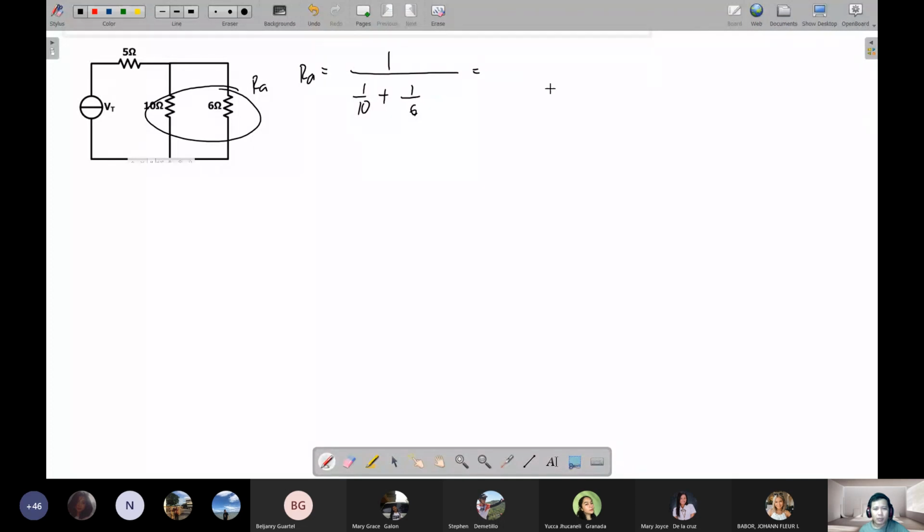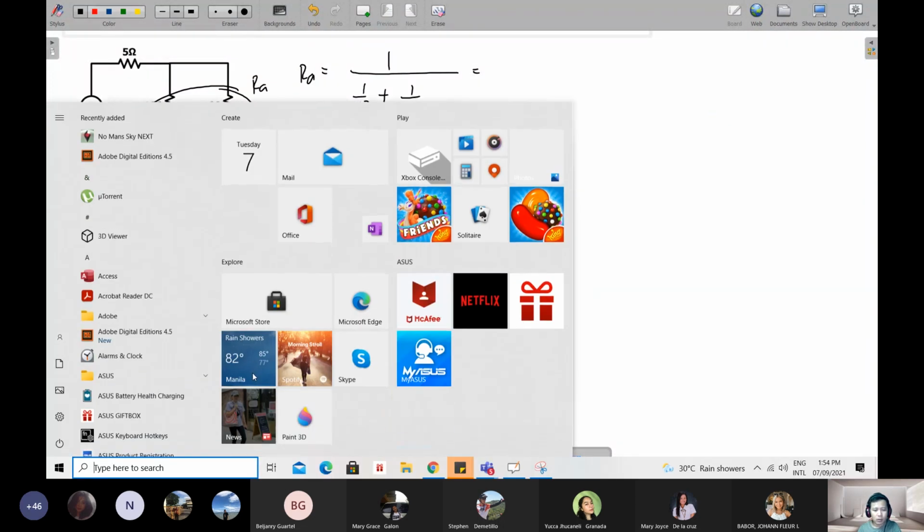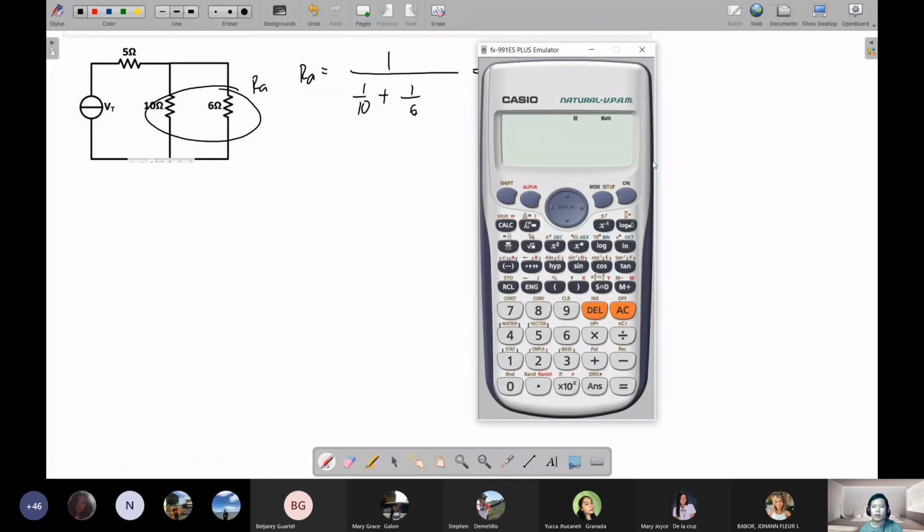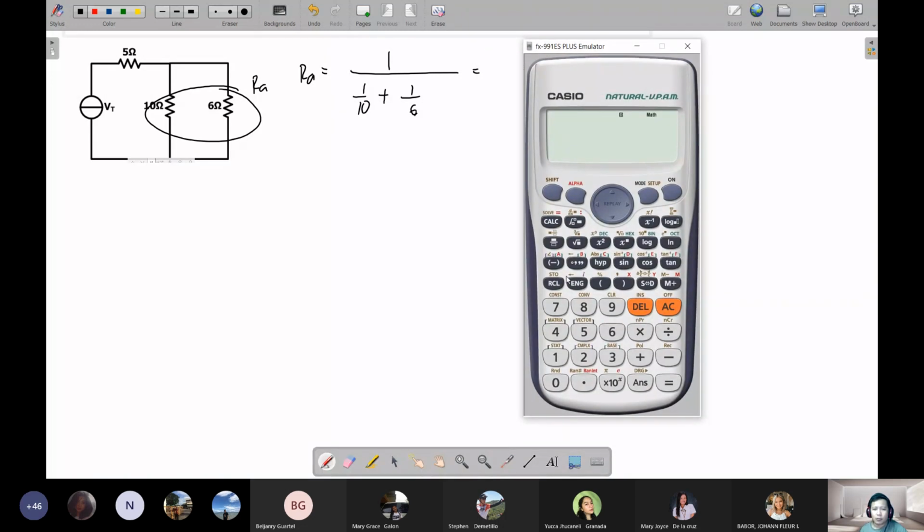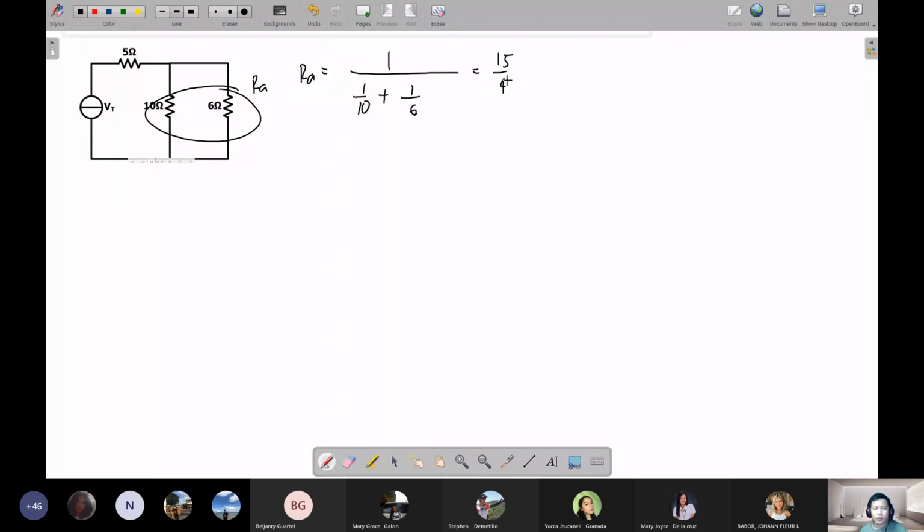Therefore, my RA will become, I don't have a calculator. So that would be 1 over 10 plus 1 over 6, which gives 15 over 4. So my RA is 15 over 4.